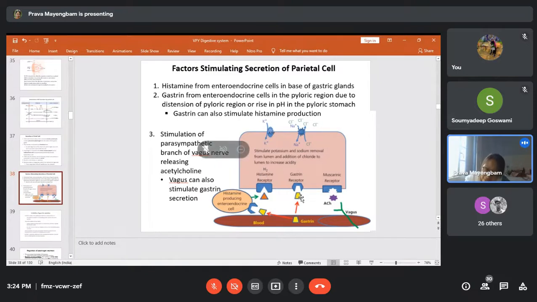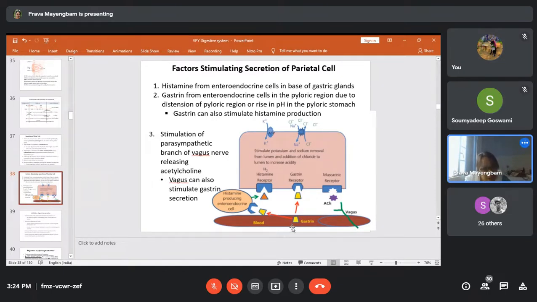Due to this also there will be more pumping of potassium in and more pumping of chloride ion outside. Water is already present, and due to that there will be hydrogen ions also. So there will be more and more production of HCl by the parietal cell.